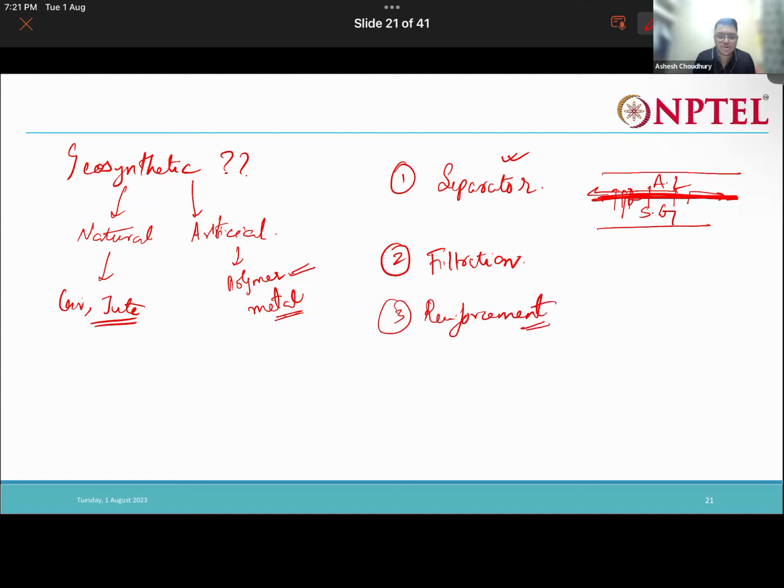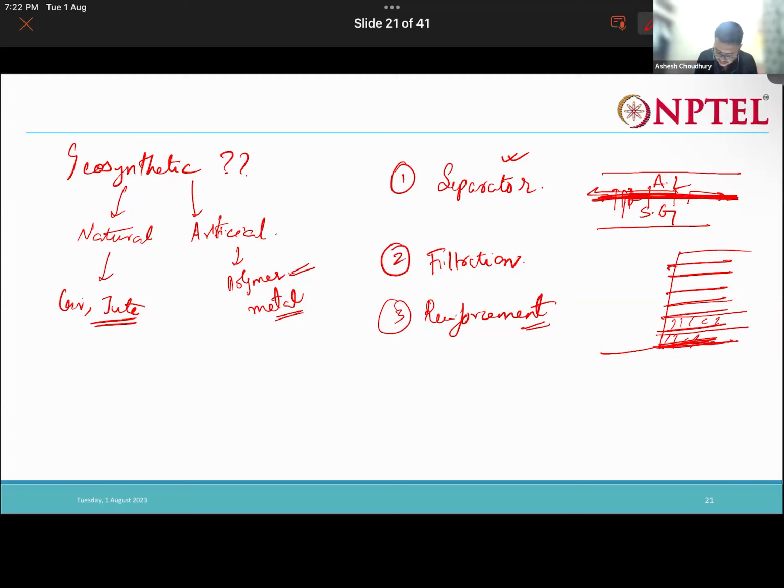reinforcement. Right. We saw that structures such as reinforced earth structures can be constructed with the help of geosynthetic material, be it geogrid or geotextile. There are layers of geotextile or geogrid that are placed. First there is one layer of soil, then one layer of geosynthetic material, then one layer of soil, one layer of geosynthetic material, and like this reinforced earth structures are constructed.